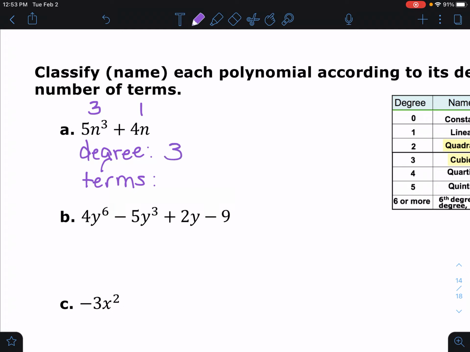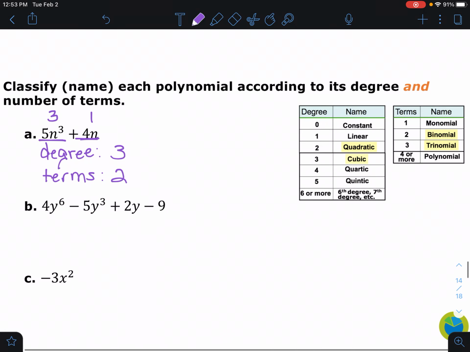Okay, how many terms are there? Remember, terms are how many monomials, everything between a plus or minus sign. So this would be a term, and this is a term. Okay, so there's 2. Okay, so now we're going to use these 2 charts that we have on the right. So first, your name is going to have 2 parts. Okay, so the degree is 3.